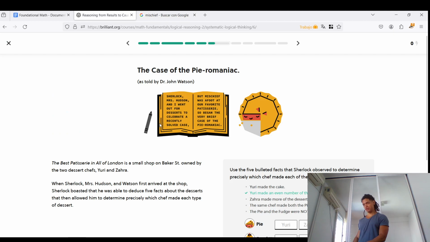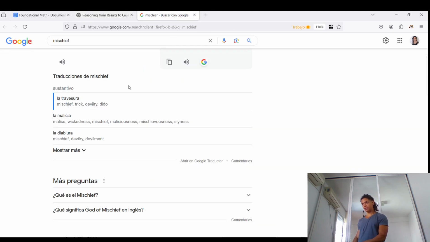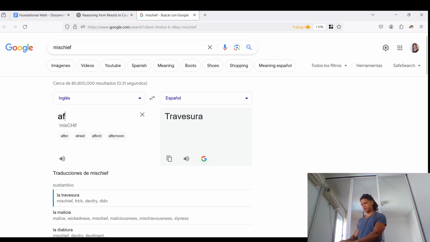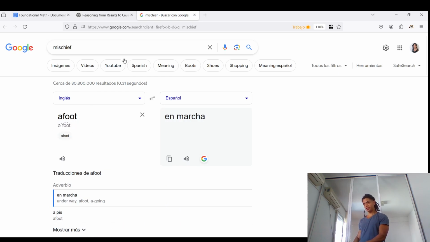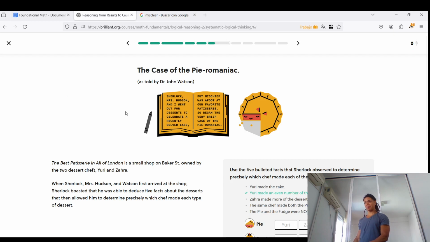But mischief was afoot. Sherlock and Mrs. Hudson and I went out for dessert to celebrate a recently solved case. But mischief was afoot at our favorite pastry shop.